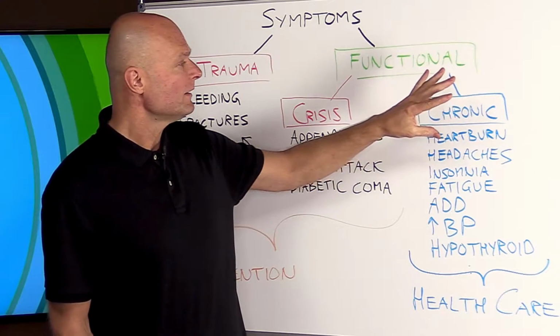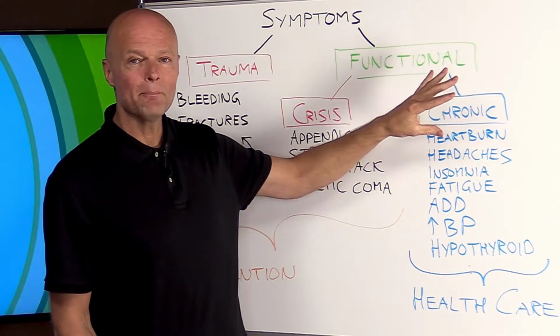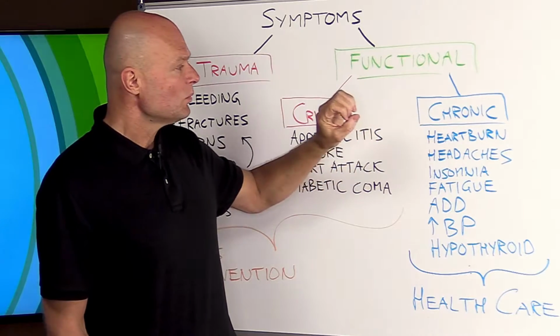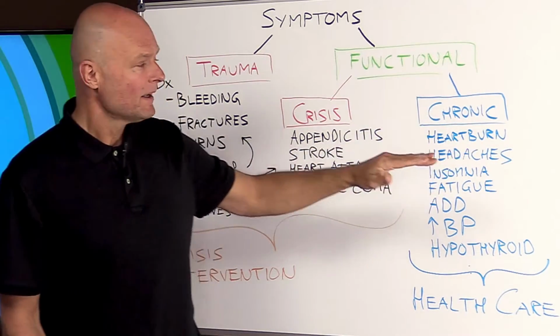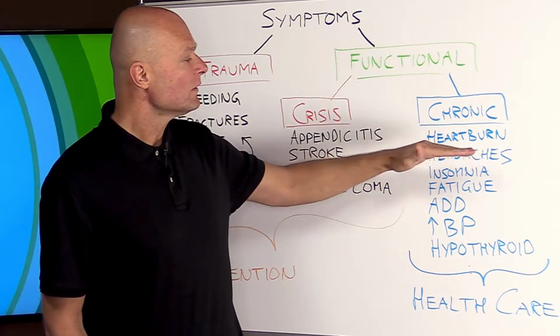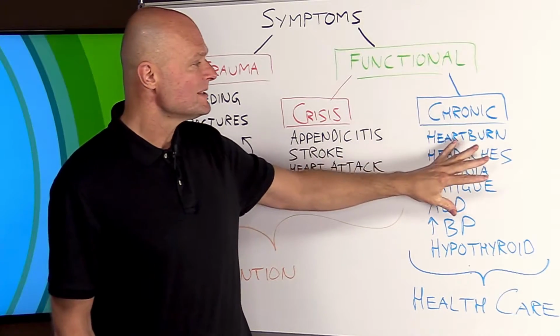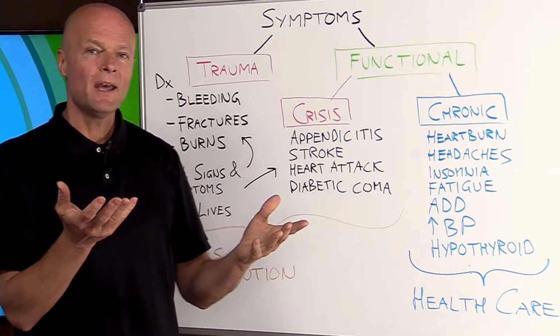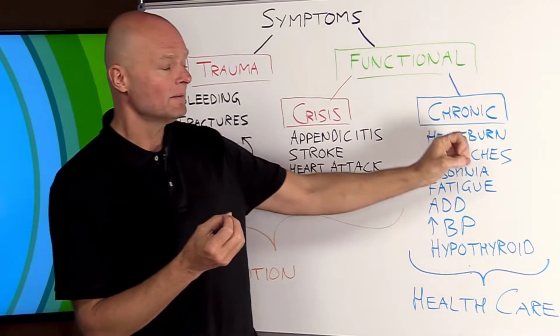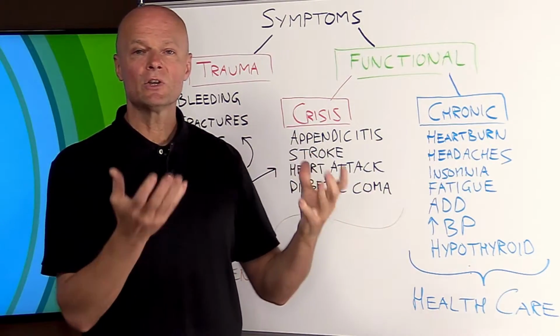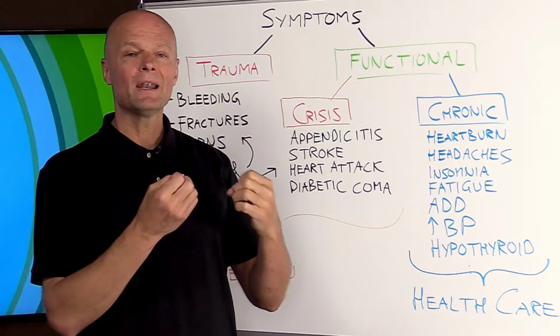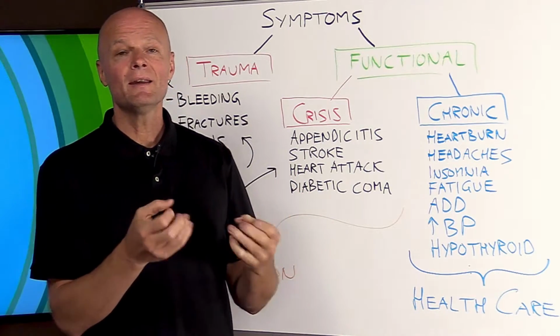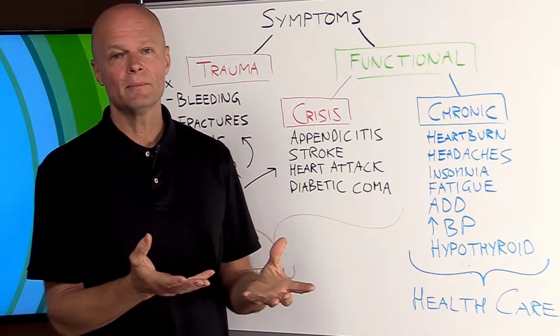These are lifestyle problems. These are imbalances. And what we have to understand here is that these things are not the problem. These are the result of an imbalance, and if we treat the symptom, we allow the imbalance to continue. And if we allow something to continue, it will get worse every time.